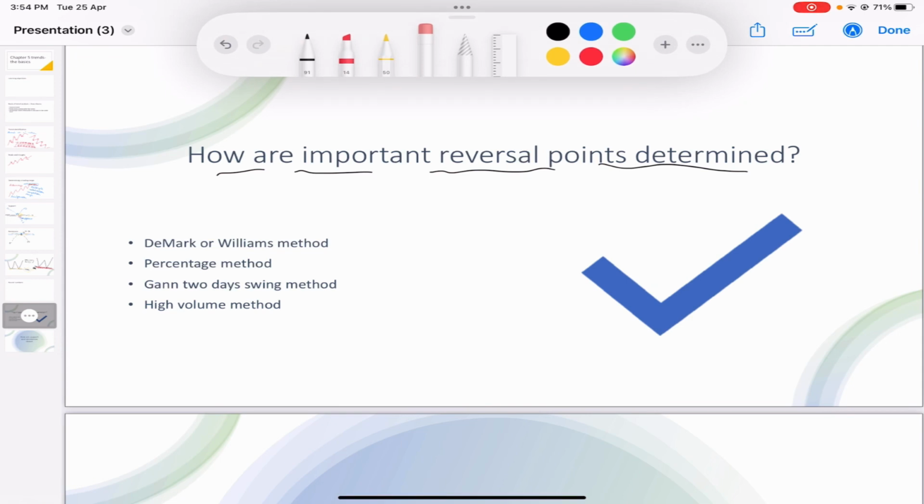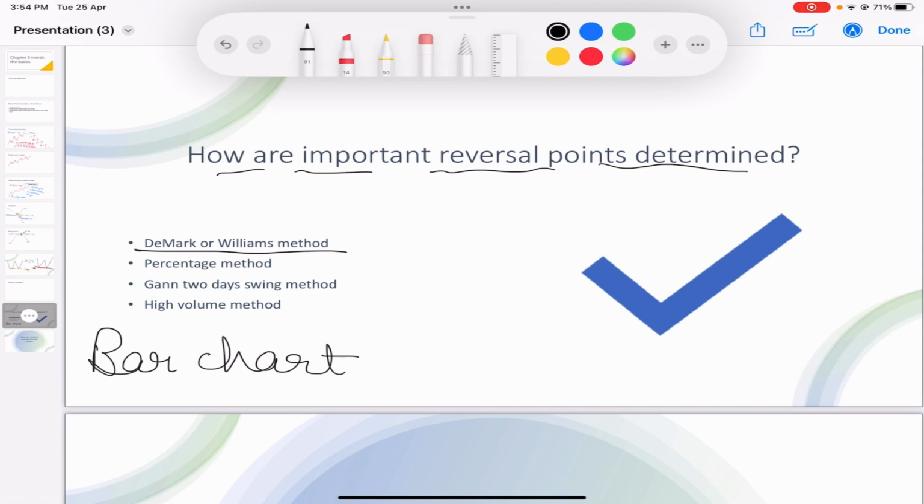So let's begin with the first method, which is DeMark or Williams method. Now what is DeMark's or Williams method talking about? Tom DeMark and Larry Williams each have a method of determining a reversal point by using the number of bars in a bar chart.